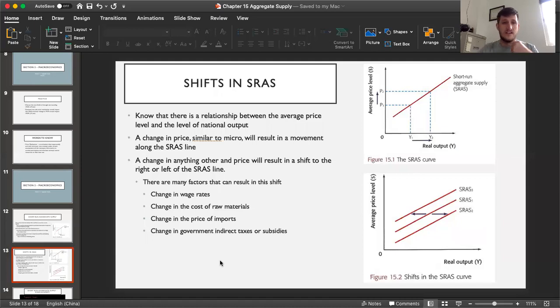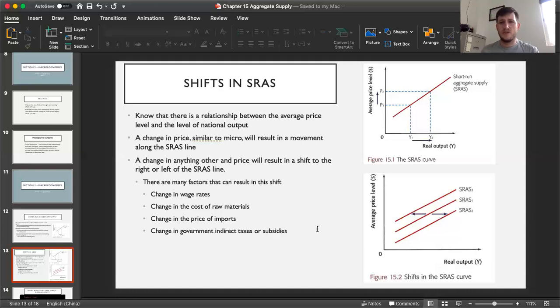So what can cause shifts in SRAS? So know that a lot of the shifts, the idea is still the same, right? You can have a change in price that wouldn't cause a shift of the line, but then you could also have some sort of change of factor that would cause a shift in the line.